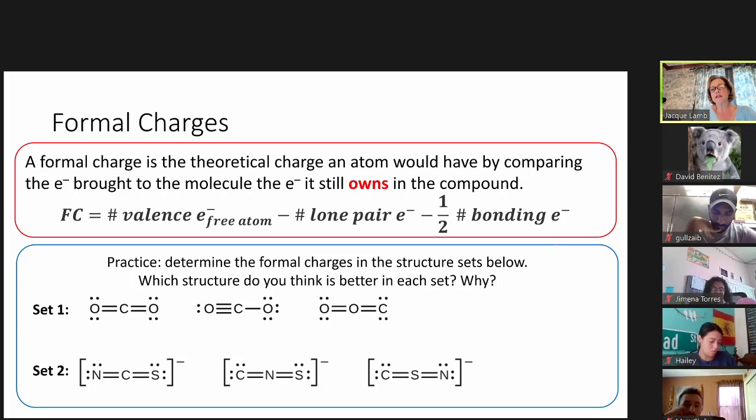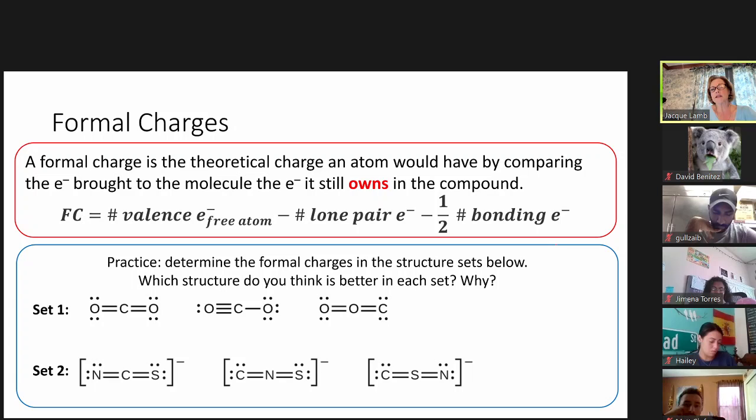Down here we have 3 possible ways of drawing carbon dioxide. Notice that we've actually had to come up with 2 different bond orders. We have carbon in the center with 2 oxygens on either side, or we have oxygen bonded to carbon. That's a slightly different way, but let's look at them and assign formal charge.